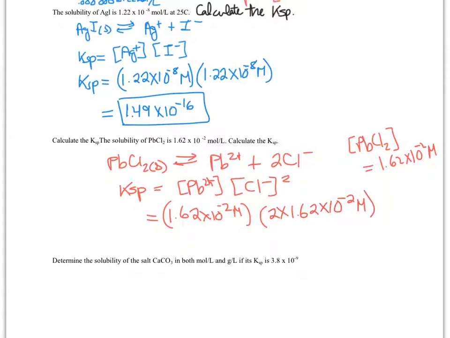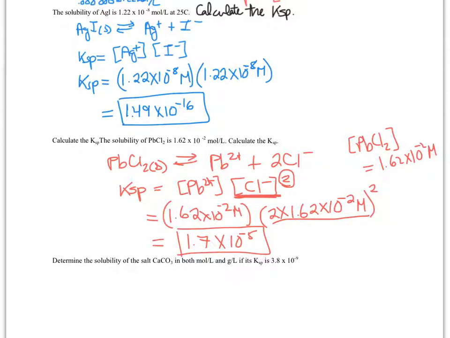Now, don't forget that the expression itself has a squared, so we're going to square that concentration. This by itself is the concentration of my Cl-. The squared comes from the expression. So you multiply those together and you get 1.7 times 10 to the negative fifth, which is a small number.